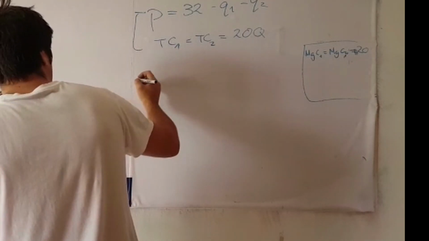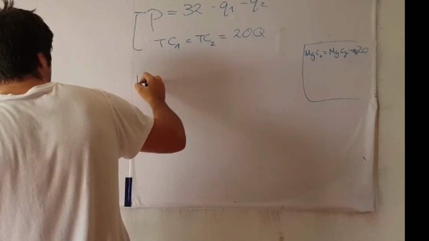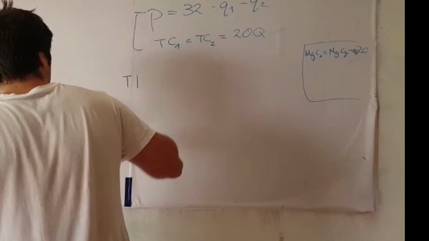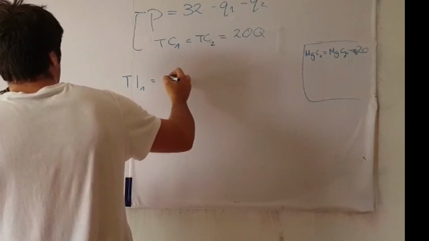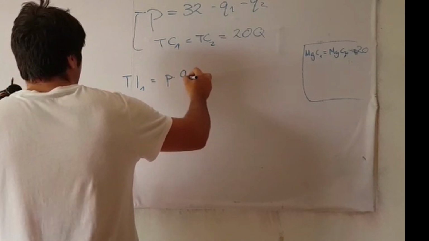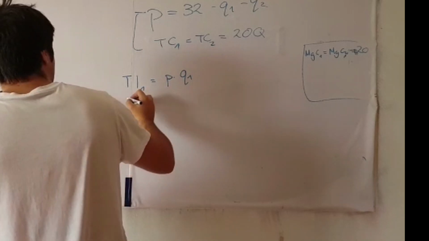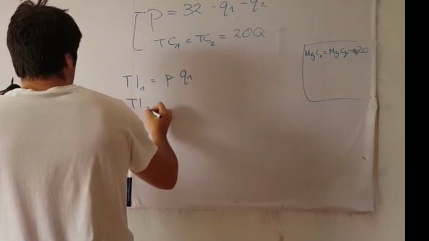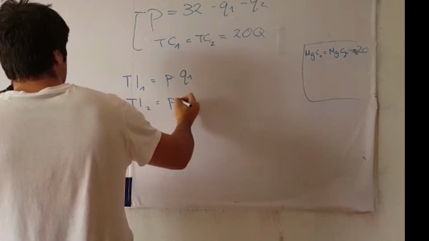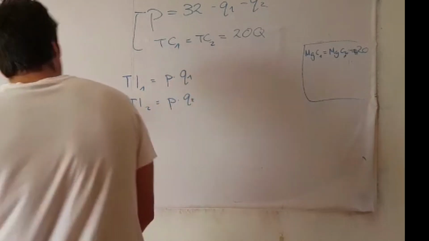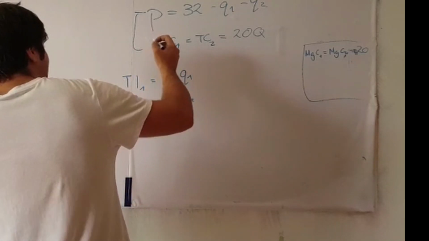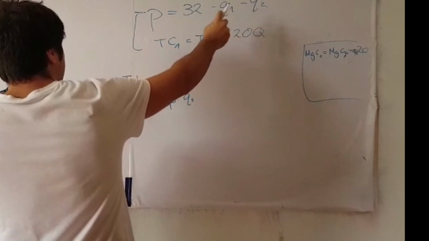Okay, so now what we're going to do is calculate the marginal income. And for that, we will need to write down the following equation. Total income of firm 1 is going to be equal to the price multiplied by Q1, and the total income of firm 2 is going to be equal to the price multiplied by quantity 2. So we take the inverse demand function.